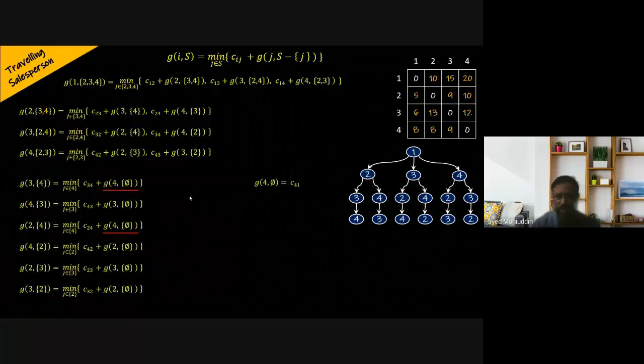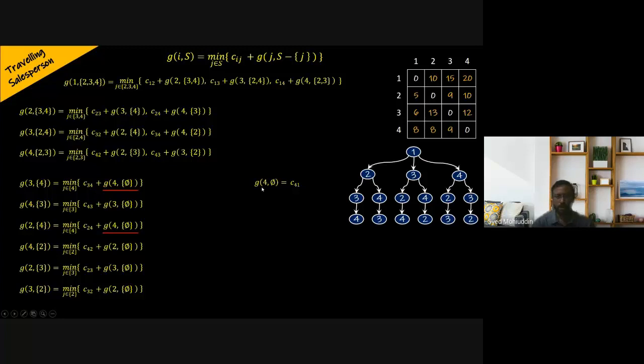So when in the sequence we have visited all the vertices, now from the last vertex, what should happen? We have to go back to the start vertex, as in the case of a postman: once he delivers all the letters, from the last house he goes back to the post office. So G of 4 comma null means from vertex 4 we have to go back to vertex 1.